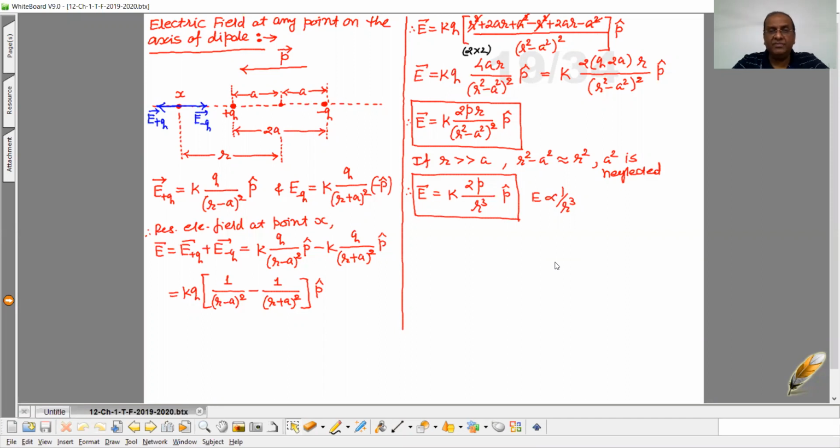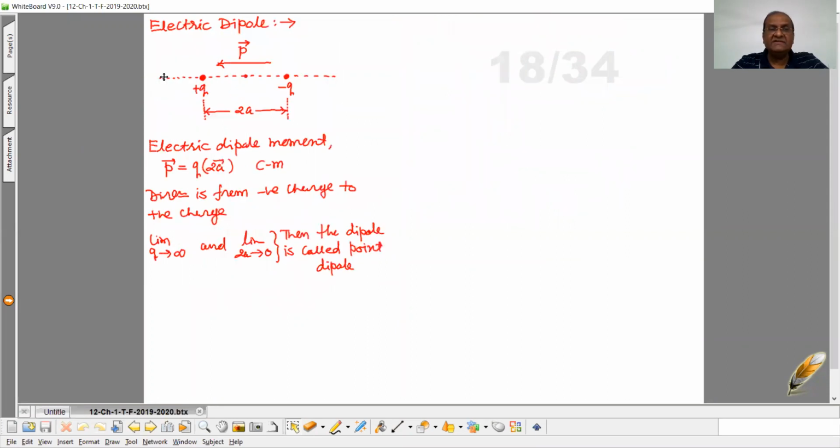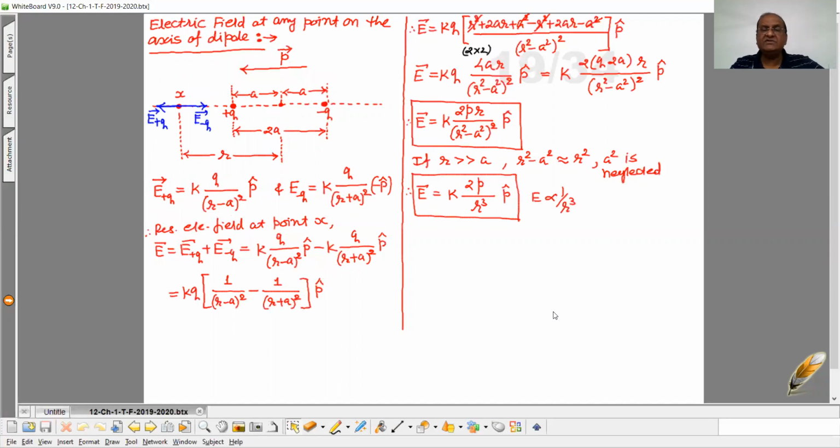The axis of the dipole is the axis passing through both the charges, and the equatorial line passes through the center of the dipole and is perpendicular to the line joining the two charges, meaning here. So we have to find the electric field on the axis as well as on the equatorial line of the dipole.